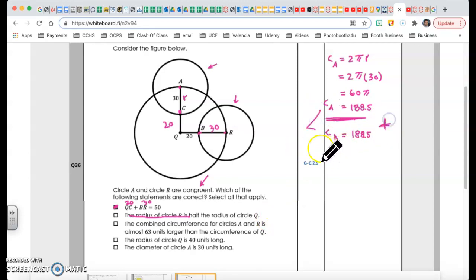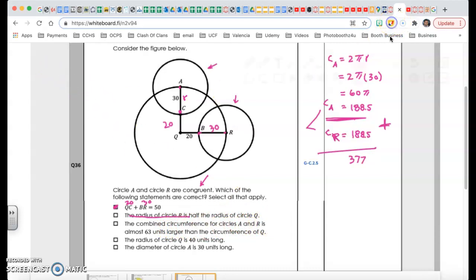So 188.5 plus 188.5 is gonna give me 377. So the combined, this is A and R, by the way, circumference for those two, 377. It's almost 63 larger than the circumference of Q, but I haven't done Q.